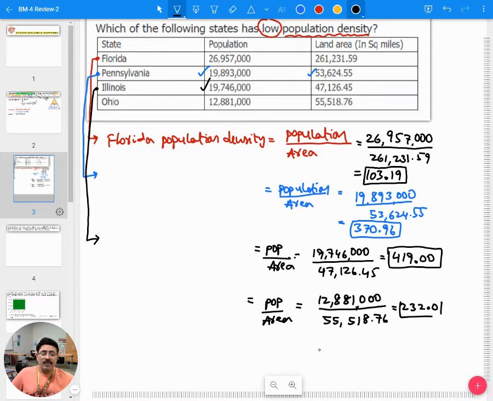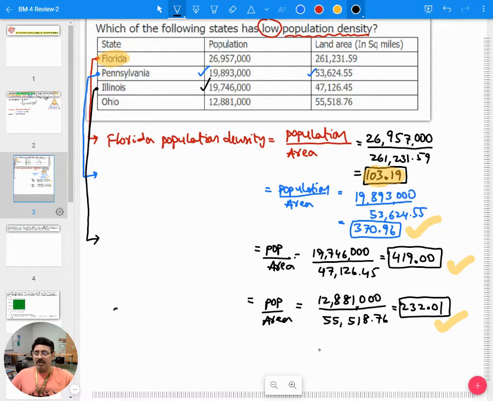The question is which state has the lowest population density? I see that 103 is the lowest one. When you compare with 374 and 232, the Florida population density is less.